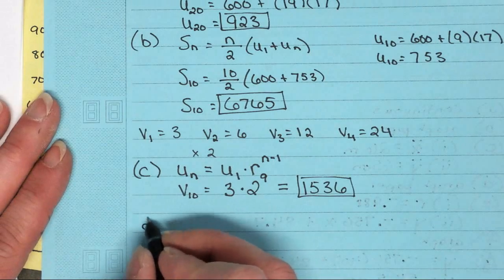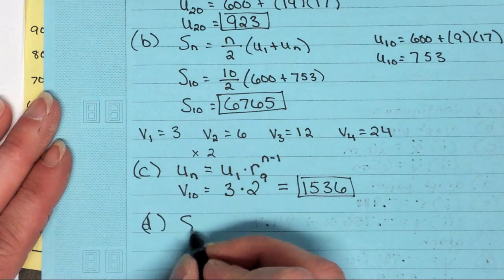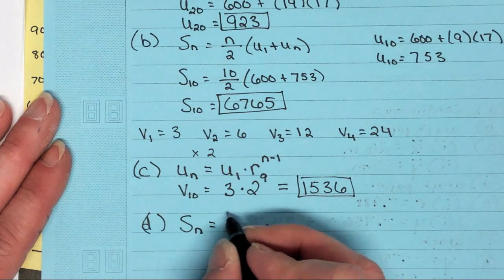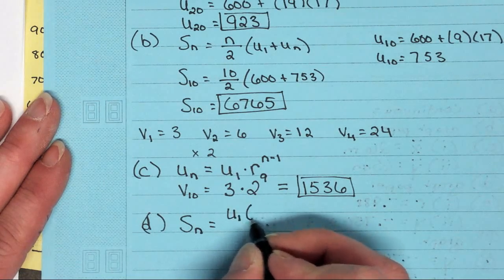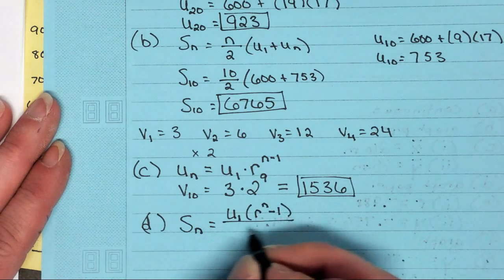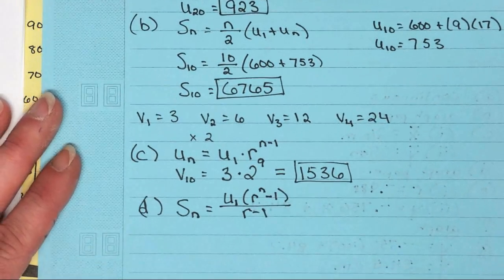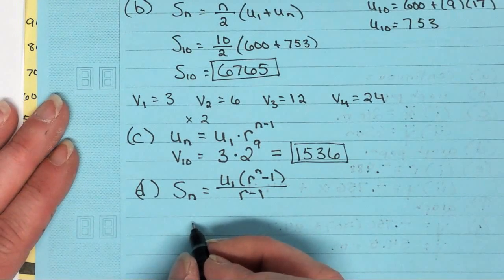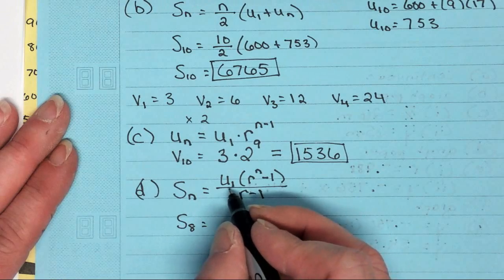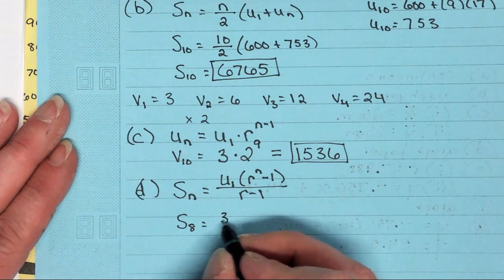The formula for the sum of the number of terms has u sub 1 times r to the n minus 1 over r minus 1. So if I'm finding the first 8 terms, I have to start with the first term.